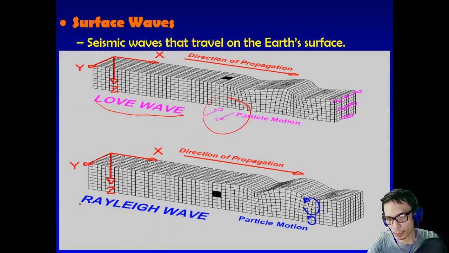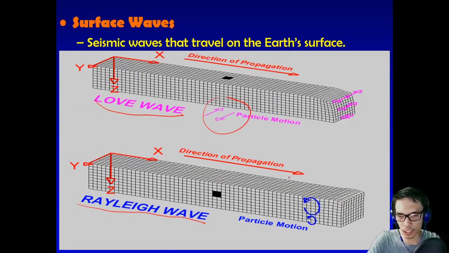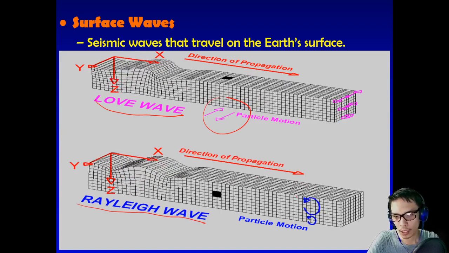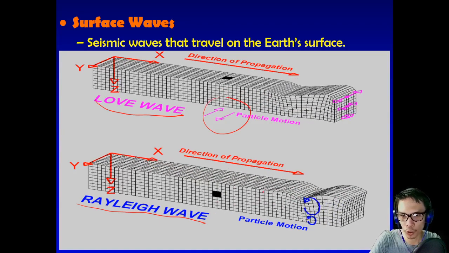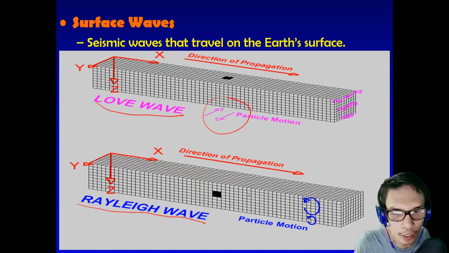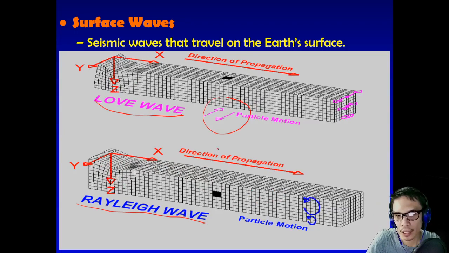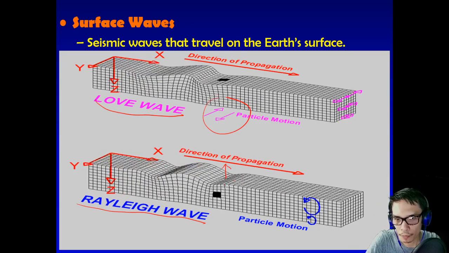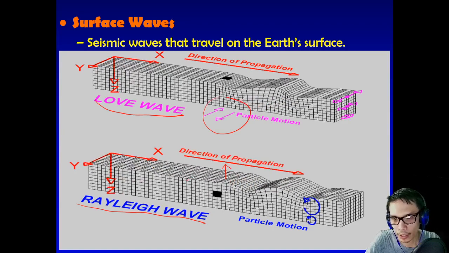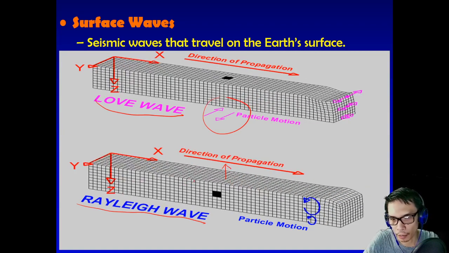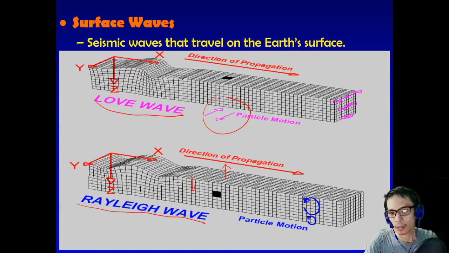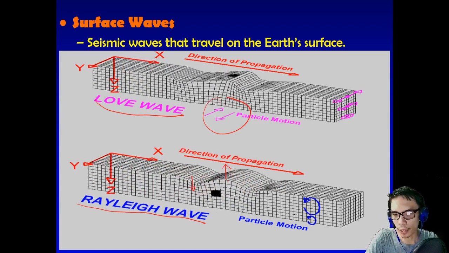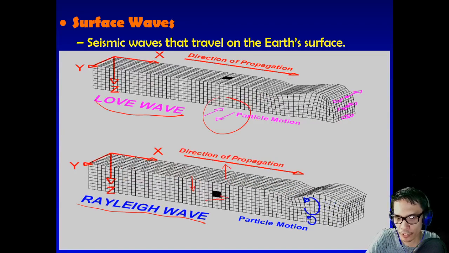Next one, the Rayleigh wave. If we choose between these two waves, this is the most destructive because, as you can see here, the ground rolls. There is a force that goes up, a force that goes down, pushing down the rock, and forces to the right and to the left.